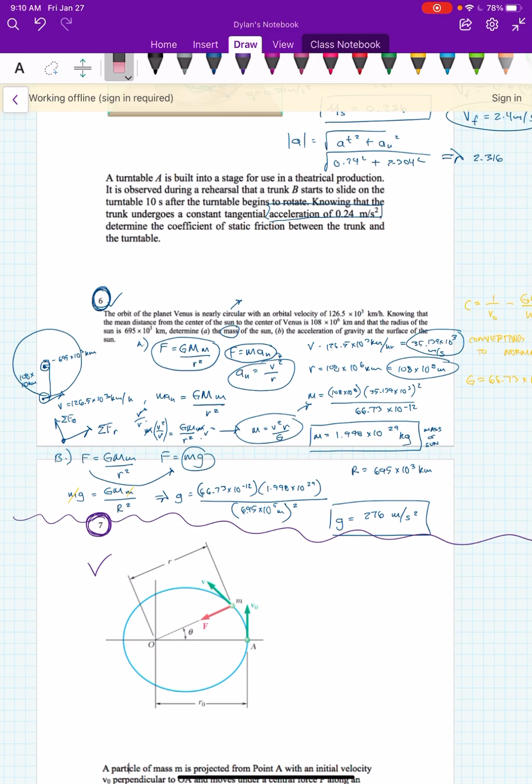I know that the normal acceleration was v squared over r, so then I plugged that in because F equals ma, but I made that my normal acceleration, plugged the normal acceleration definition in for acceleration on the left side of the equation, plugged everything in, got the mass of the sun.